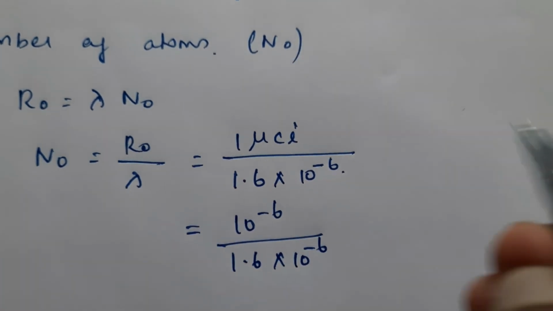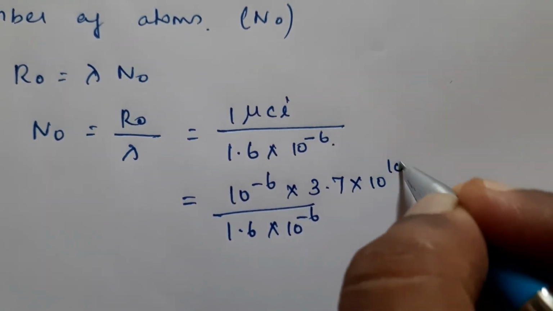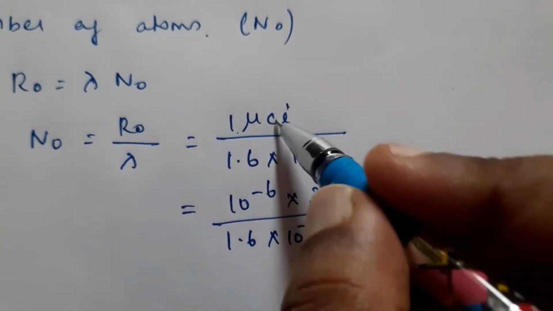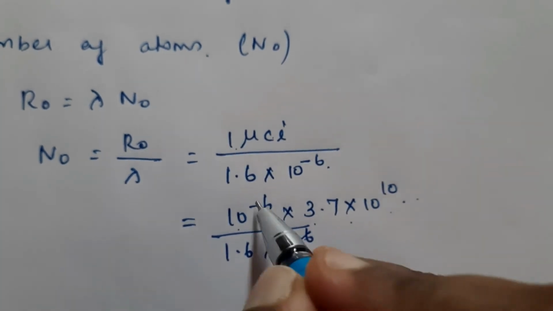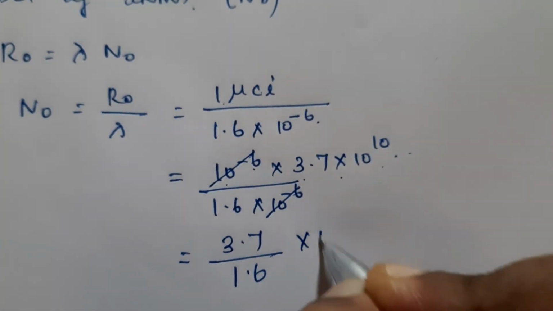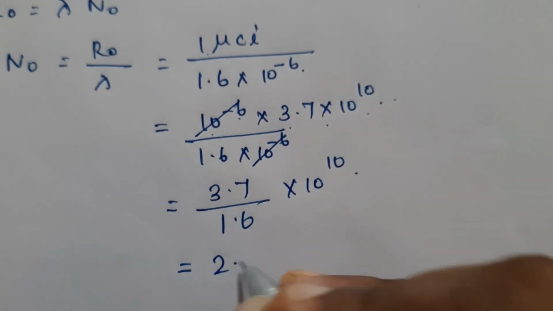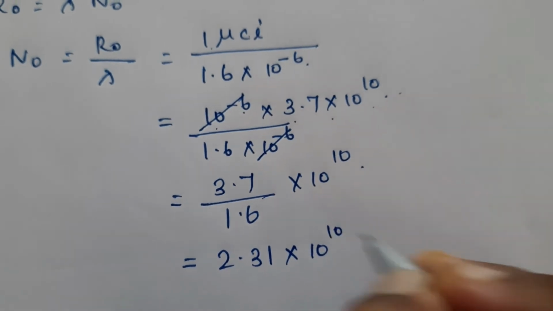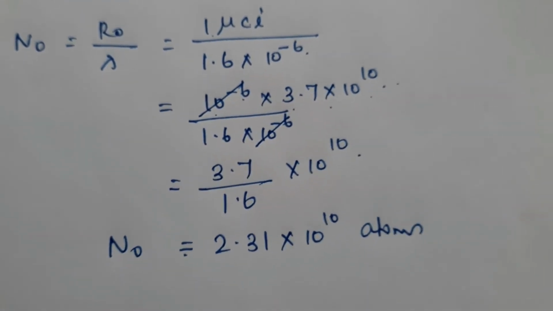What is 1 curie? 1 curie is 3.7 into 10 raised to 10 disintegrations per second. So 1 microcurie is 10 raised to minus 6 into 3.7 into 10 raised to 10. So the 10 raised to minus 6 terms cancel, leaving 3.7 divided by 1.6 into 10 raised to 10. If you divide this, you will get 2.31 into 10 raised to 10 atoms. So this is the initial number of atoms.